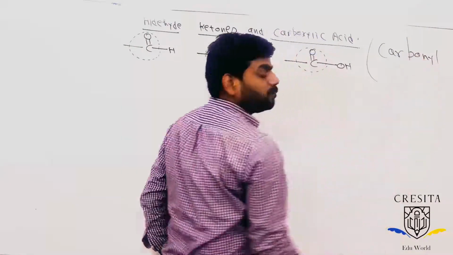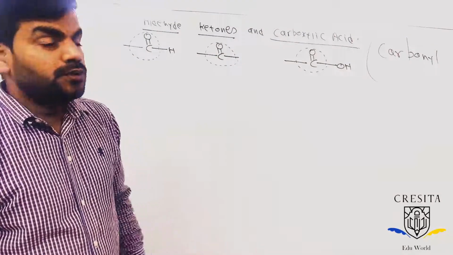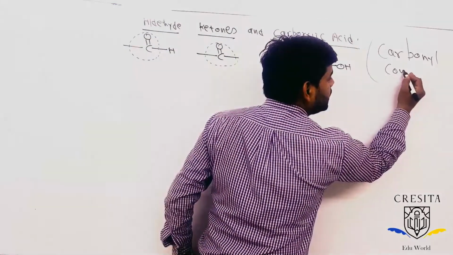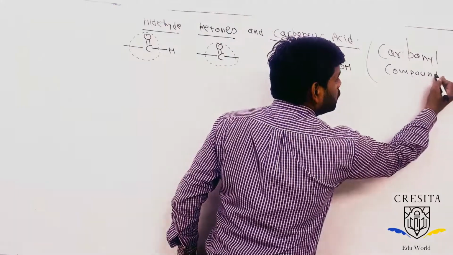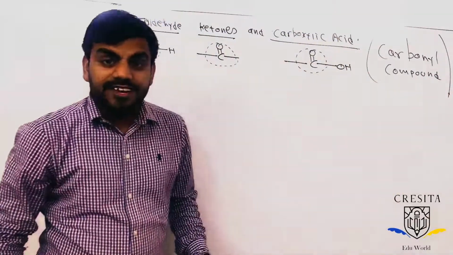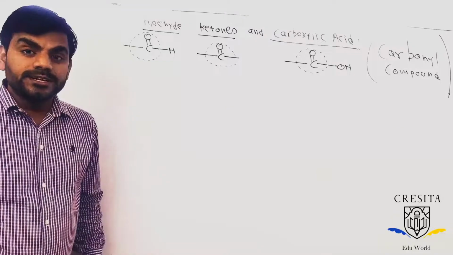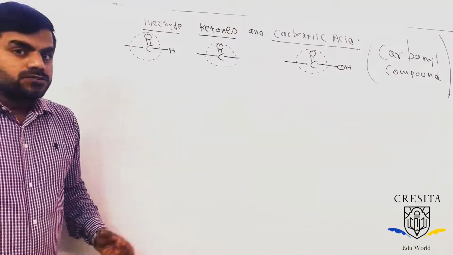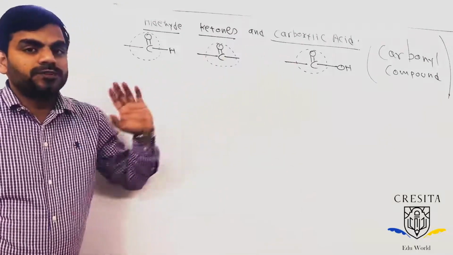So these compounds are collectively called as carbonyl compound. Okay? So generally we can say we are going to study today about carbonyl compound. So let us discuss something related to carbonyl compound.